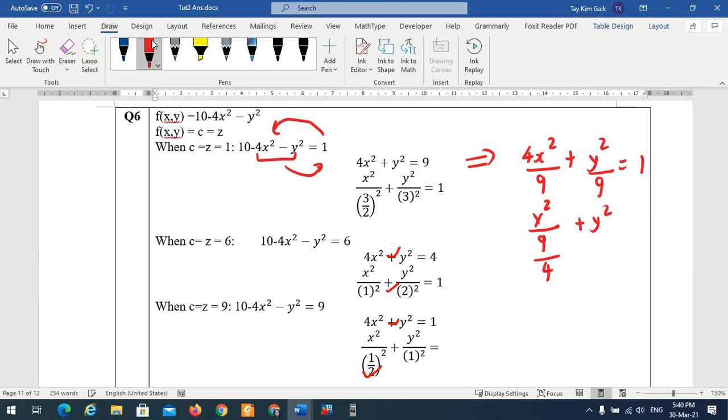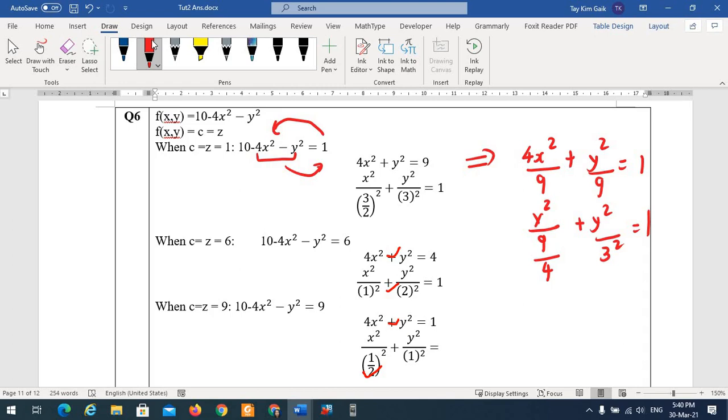And then 9 is 3 squared. So 9 over 4 becomes 3 over 2 squared. So from this form, you can see that the x-intercept is positive negative 3 over 2, y-intercept is 3.